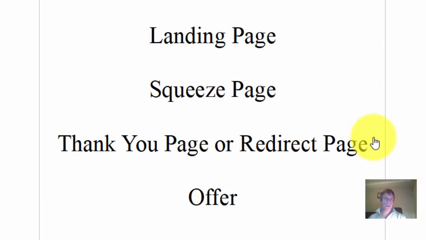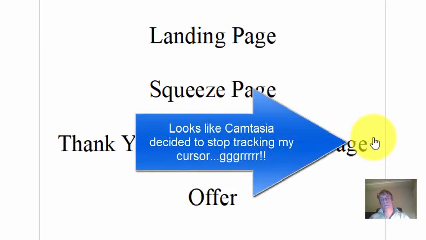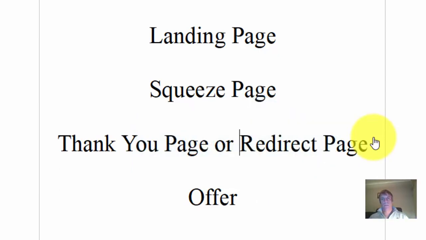Now if you don't want to send them to a thank you page, you use a redirect. Now you don't have to use a redirect, but if you're using Bing ads and you want to track what keywords are giving you the subscribers, you want to use their UET tags, well, you need to use a redirect page, so it will fire off the conversion in Bing.